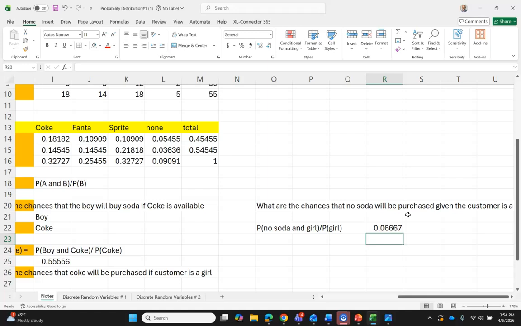So we go with a girl and soda, and our condition is they will not buy soda, so the none will be considered. Now, if you understand the concept, you can do all this very easily. So try to do some practice for the conditional probabilities.